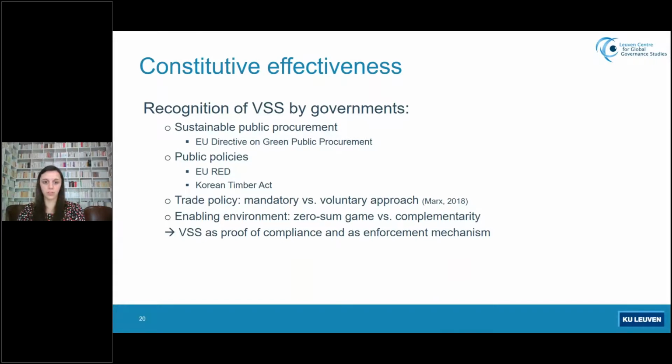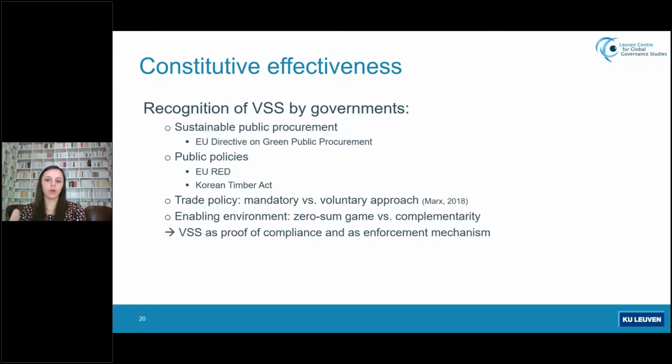So this means basically that firms first have to comply with VSS, and then they can sell their products on the market. And then the second approach is the voluntary approach, which involves basically that market access is granted to everyone, but that certified products have more preferences, for example, lower duties.